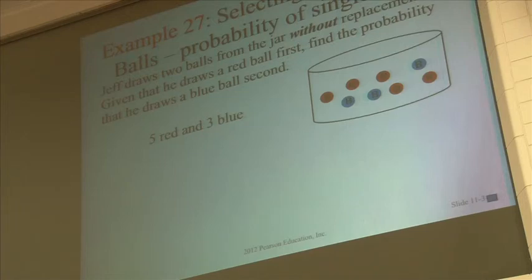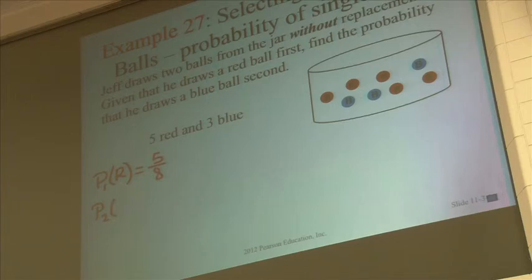So the probability that he drew a red ball would be what? 5 out of 8. But he didn't put it back. So we'll call that P1, because that was his first choice. On his second choice, P2.